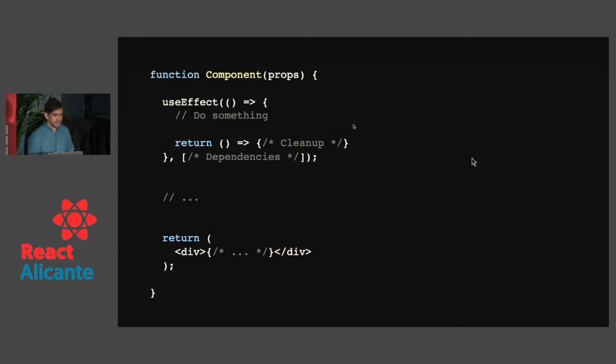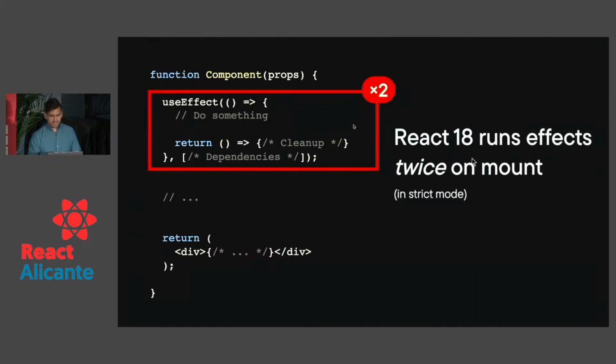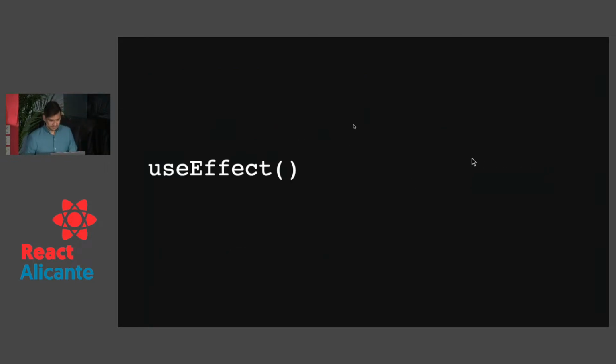And so now we could predict exactly when our effects are going to run. But guess what? In React 18, that changes, because React 18 runs effects twice when you mount in strict mode, which you should be in, because if you're not in strict mode, the React core team will yell at you. So stay in strict mode.